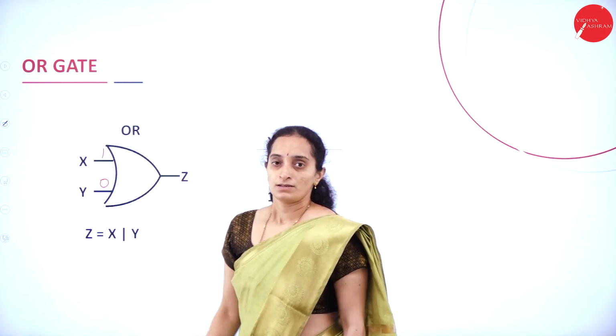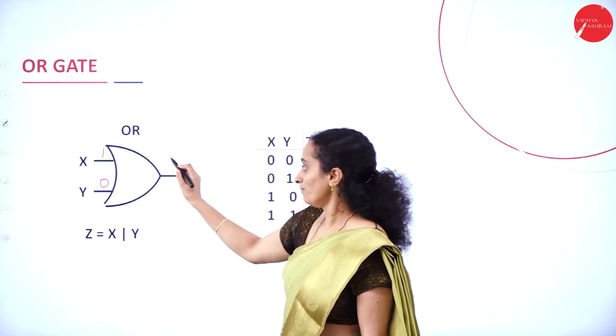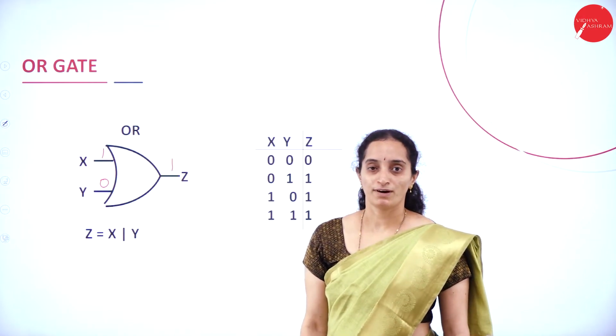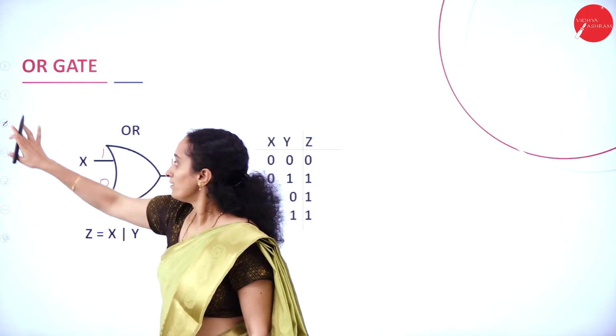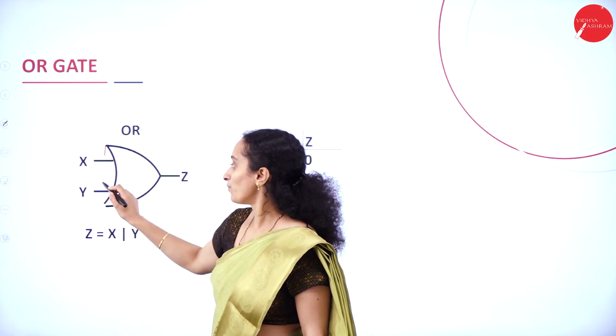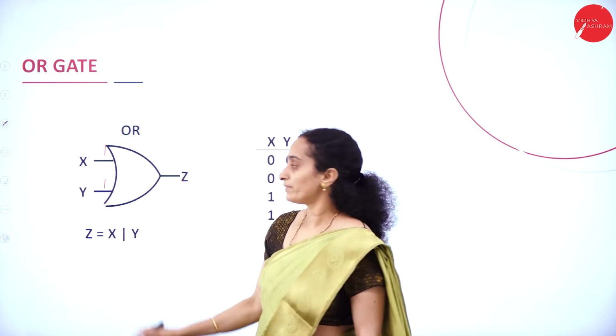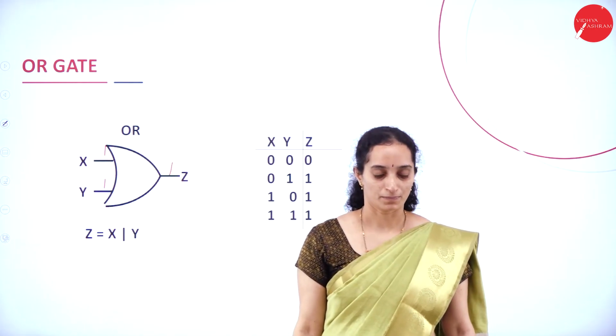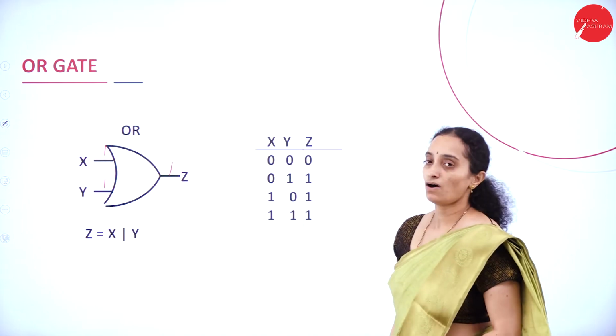When you make 1 plus 0, the result will be 1, is it not? Now, we have another case when both the values are 1, then the result will also be 1. Alright, so this is the OR gate.